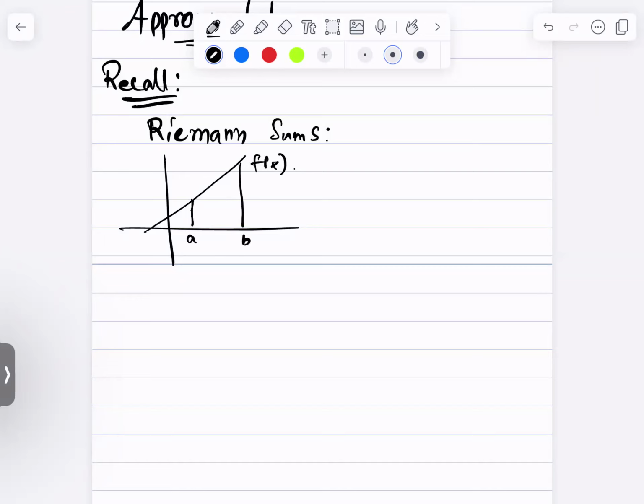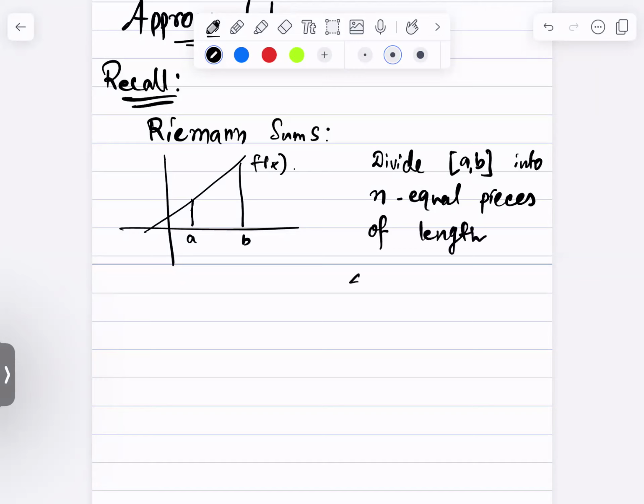Okay. So the Riemann sum said that you need to divide the interval ab into n equal pieces, and each should be of length delta x, where delta x is (b minus a) over n.